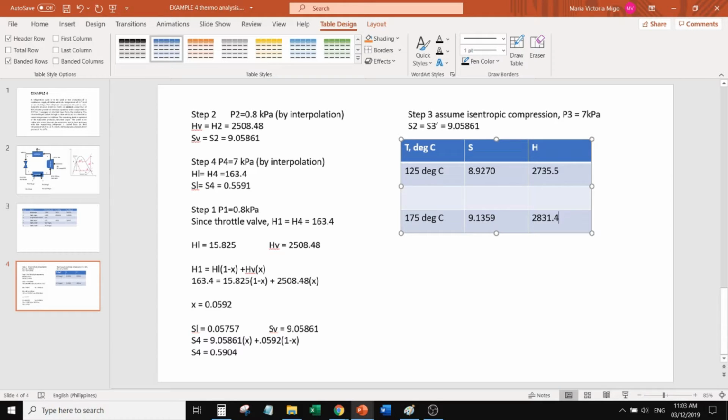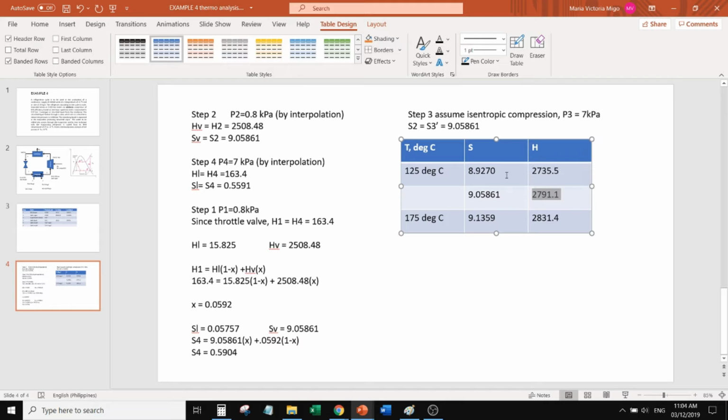I think this is double interpolation. I don't have my steam table right now, so I leave it to you to check it. This is the first interpolation. Then you have to interpolate in the middle, 9.05861, to get H3 prime, 2791.1.